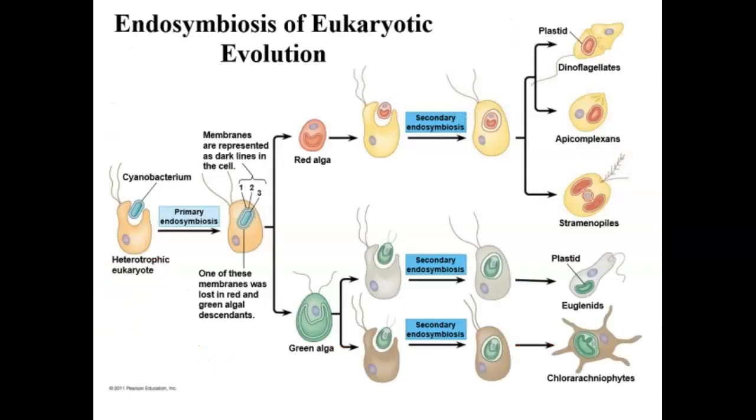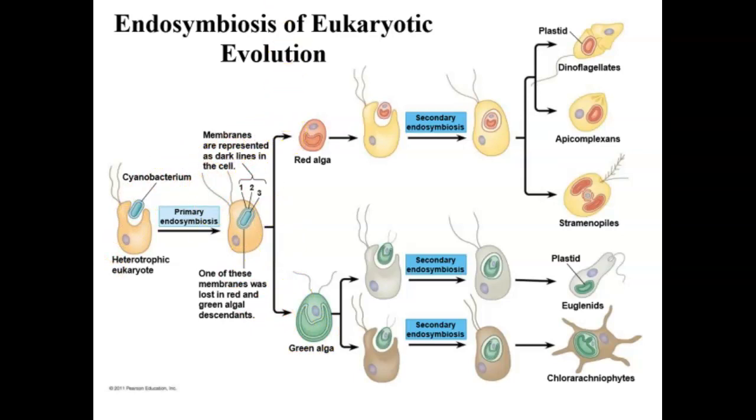So if you remember this slide when we talked about endosymbiosis and eukaryotic evolution, well, you had some heterotrophic eukaryotic cell, goes through primary endosymbiosis, begins working with other groups, organisms, whatever we want to call them, and this gives rise to the green algae, the red algae.